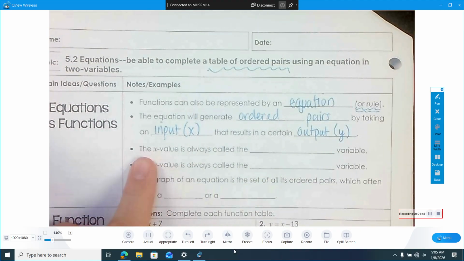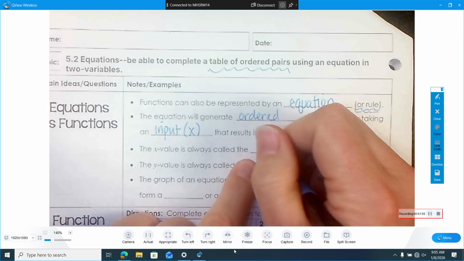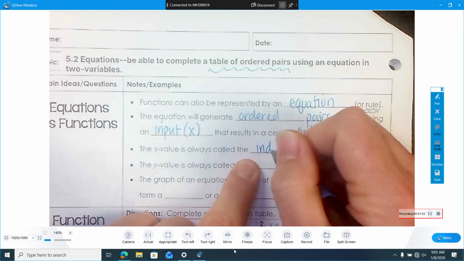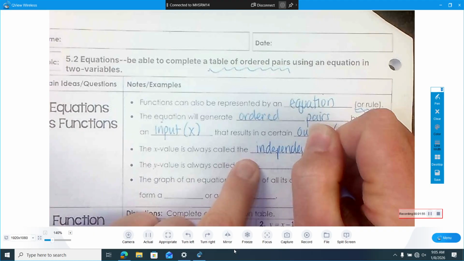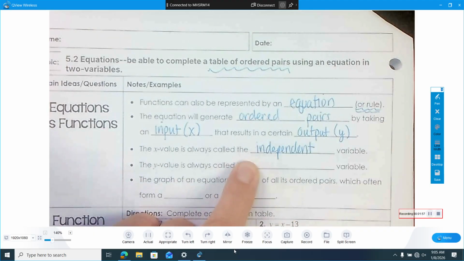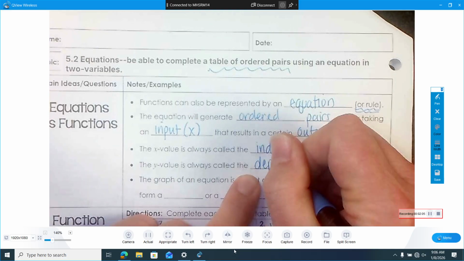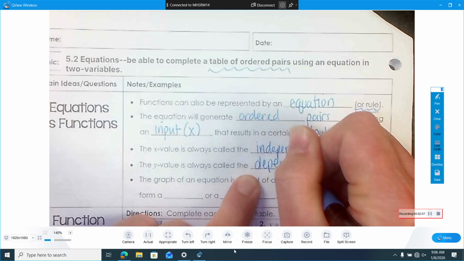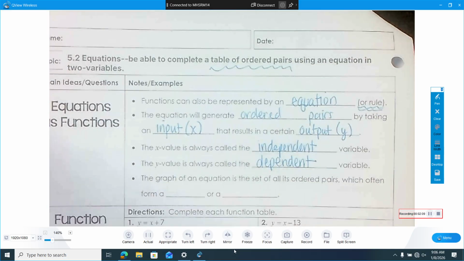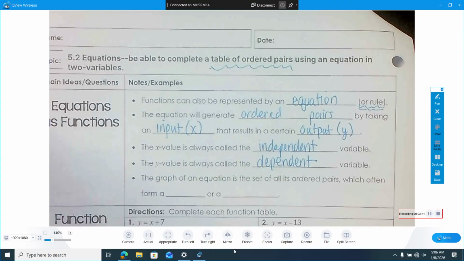The x value is always called the independent variable, I-N-D-E-P-E-N-D-E-N-T. And the y value is always called the dependent variable. So the x is, you're going to find out, we can pick whatever numbers we want for x.